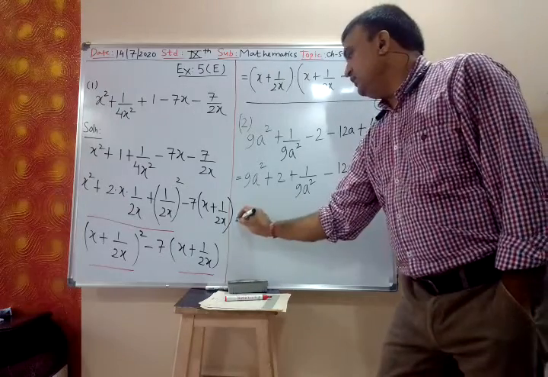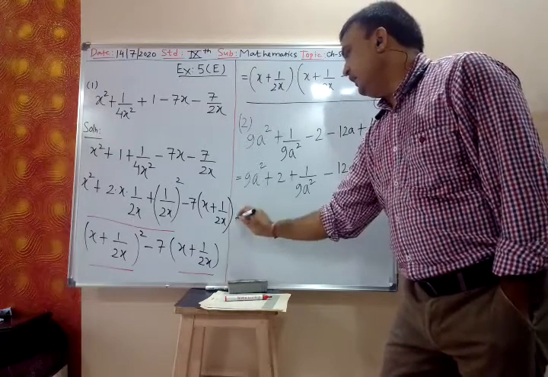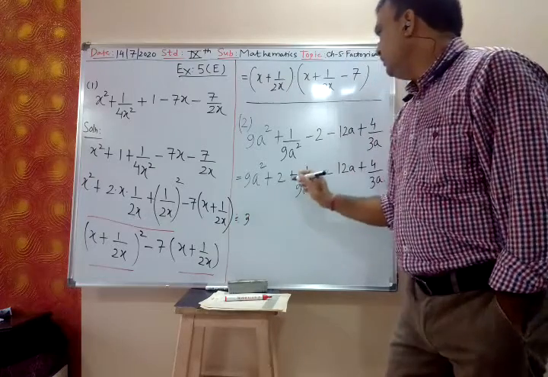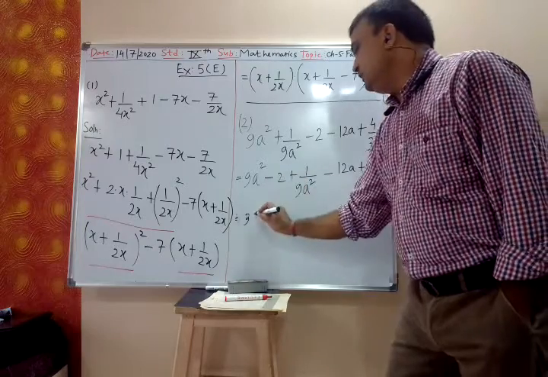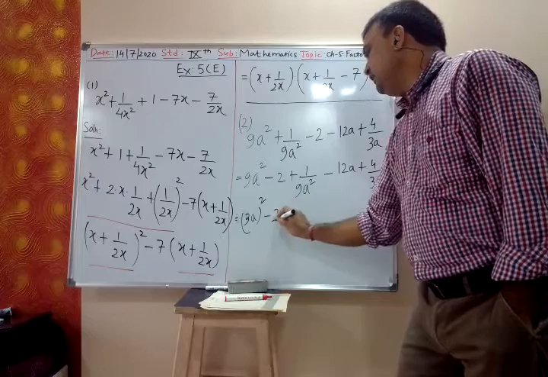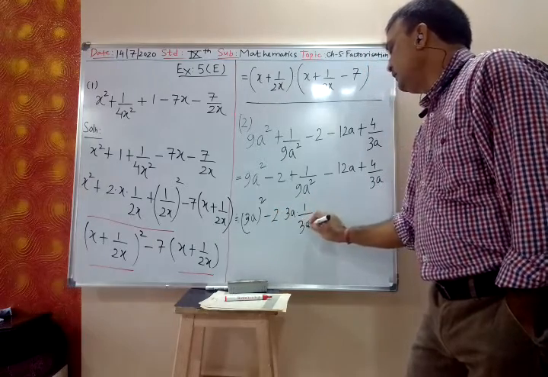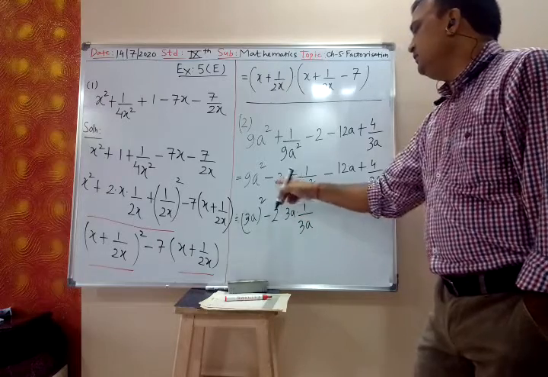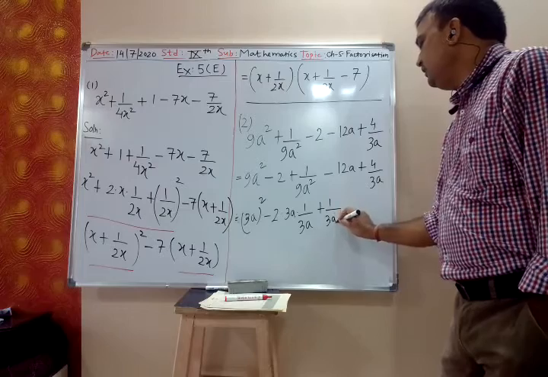So 9a square I can write as 3a whole square. Then minus 2 I can write as minus 2 into 3a into 1 upon 3a. 3a gets cancelled. What is left? Minus 2.